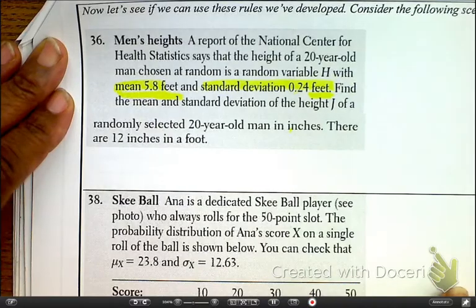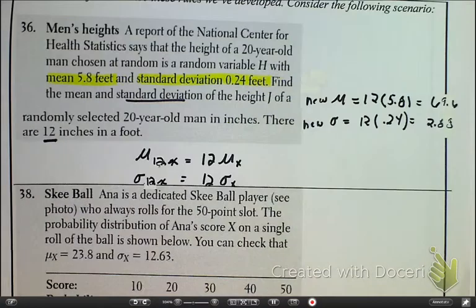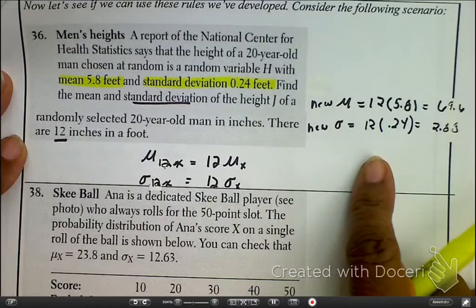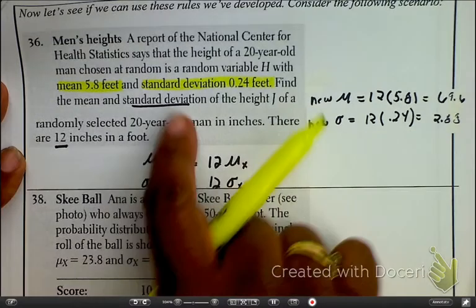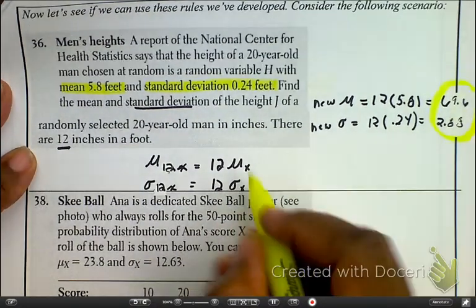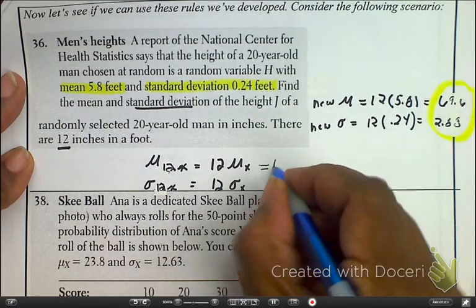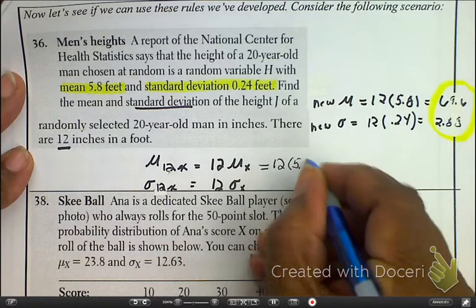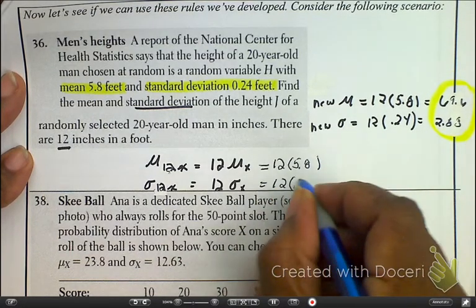Well, yeah, there's an equation for that, but do I really need it? Because the reality is, all I'm going to do is multiply it times 12. And here are my answers. Now here's the notation, but remember, don't worry about the notation, just worry about the process.